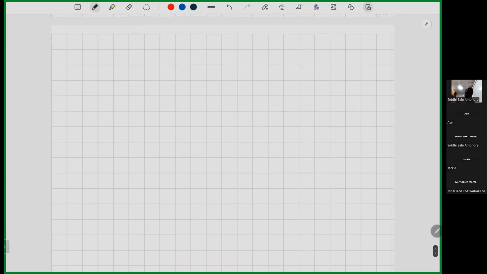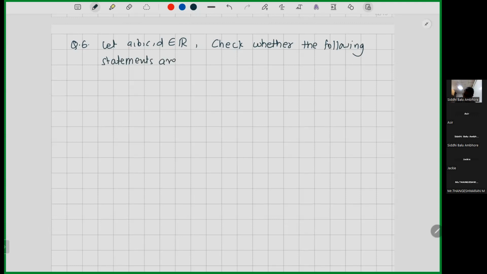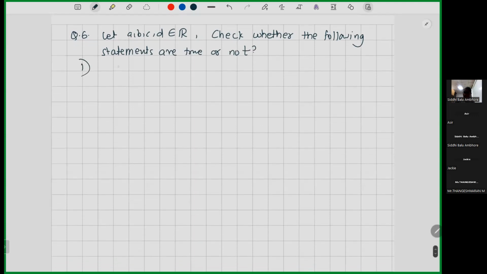And now this is the last question. Let A, B, C, and D be in R, and check whether the following statements are true or not. Okay. The first one is: A square plus B square, times C square plus D square, is less than or equal to AC plus BD whole square.